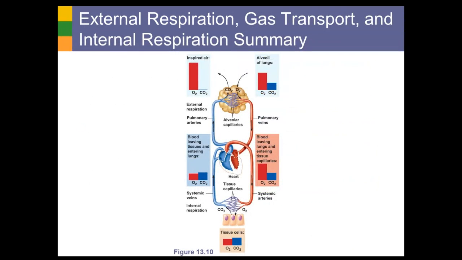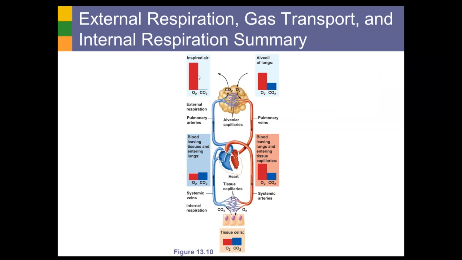This figure here just sort of illustrates what I was just talking about. The fact that blood that's returning to the heart, the deoxygenated blood, right, is about 50% saturated. It's not zero. So this shows the relative amounts of carbon dioxide and oxygen in outside air, in the alveoli, blood in the pulmonary veins, the tissues, and blood leaving the tissues going back to the heart.